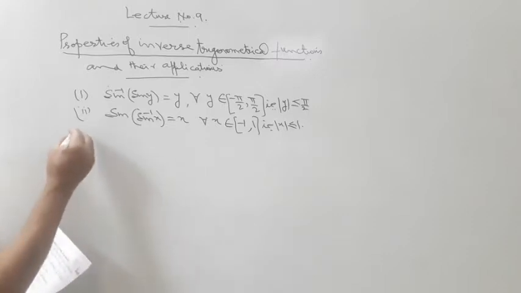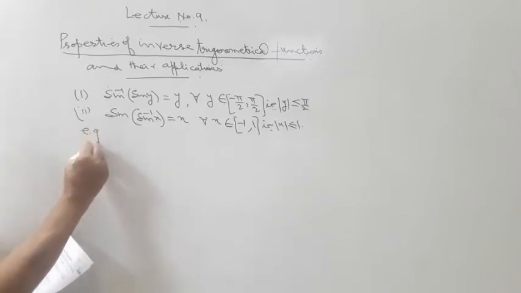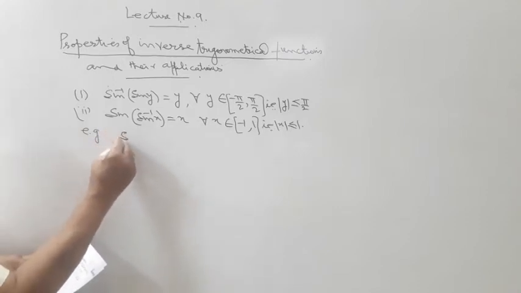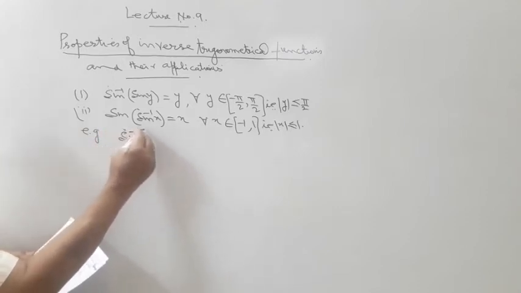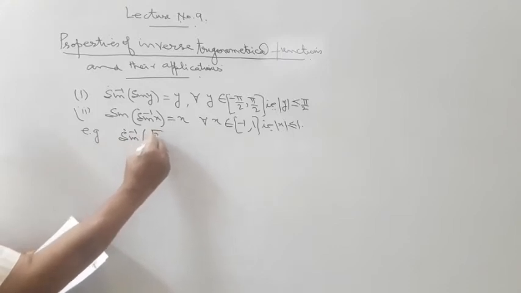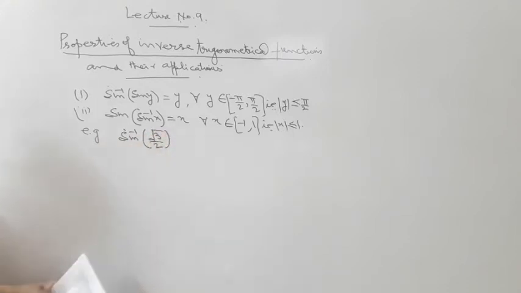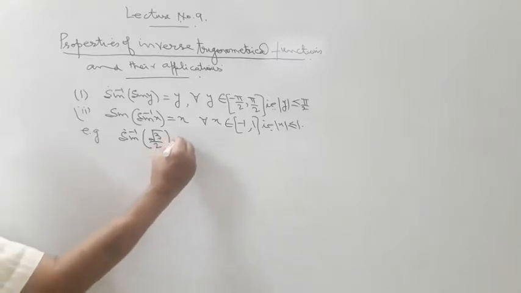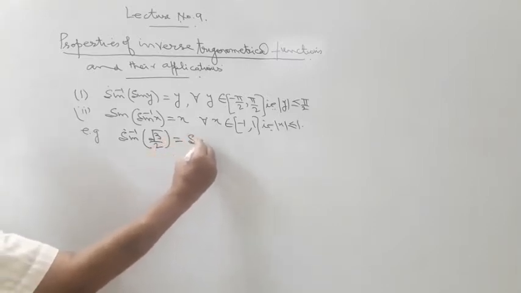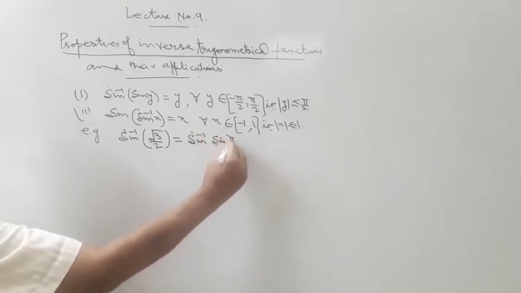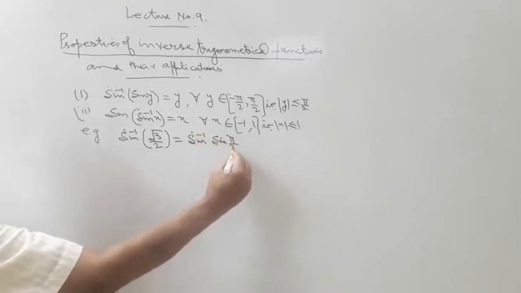Now, for example, to make it clear, you must note down the explanation. Evaluate sine inverse of under root 3 by 2. This is taken as sine inverse of sine pi by 3.